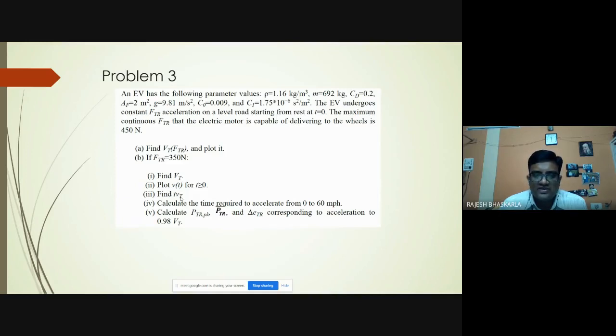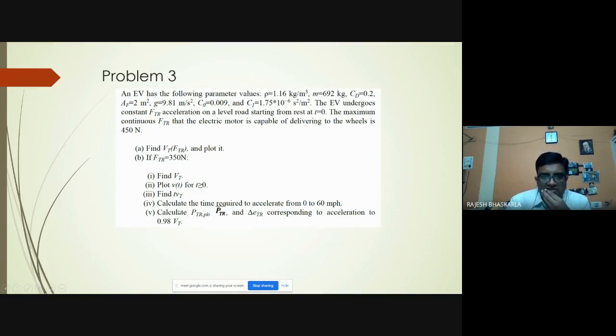So t is the time taken for the vehicle to travel. Now he is asking, calculate the time required to accelerate from 0 to 60 miles per hour. So he's asking from 0 to 60 miles per hour, how much time is required to pull the vehicle. Is this clear?